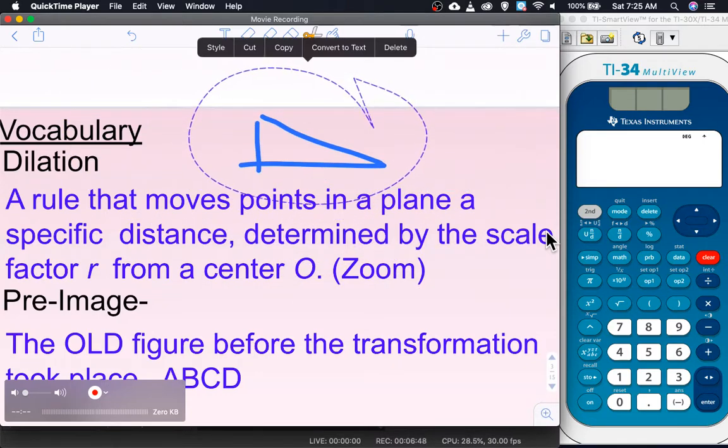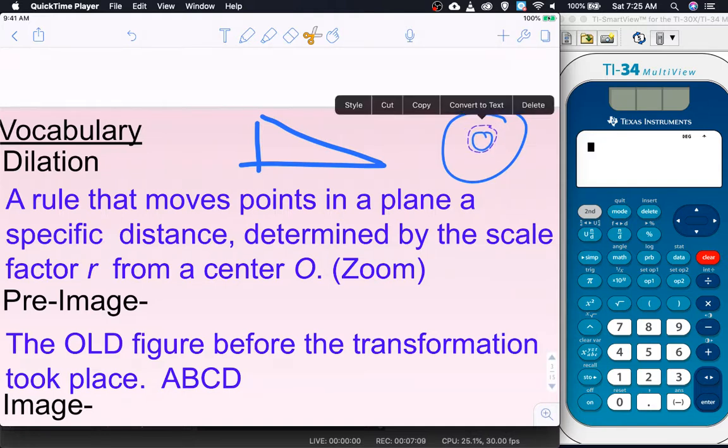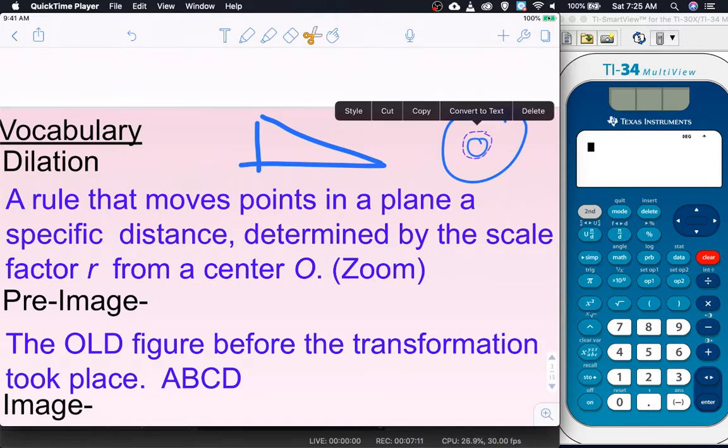You may have heard the word dilation when you go to, say, the eye doctor and they put the little drops in your eyes and it hurts your eyes. Well, what that's doing is taking your pupil, the black dot in the middle of your eye, and normally it's pretty small and the doctor has his light shining in it, but the doctor wants to see the back of your eyeball.